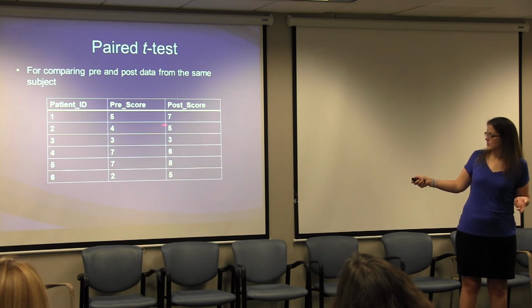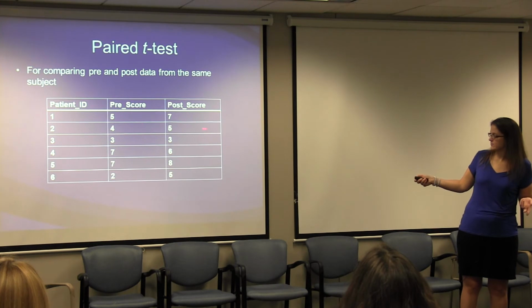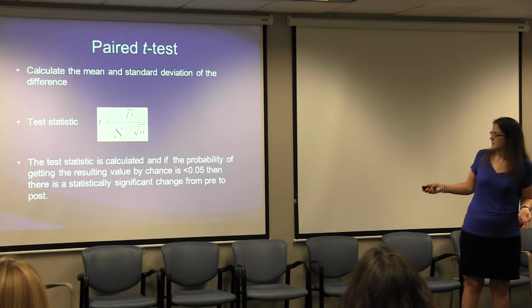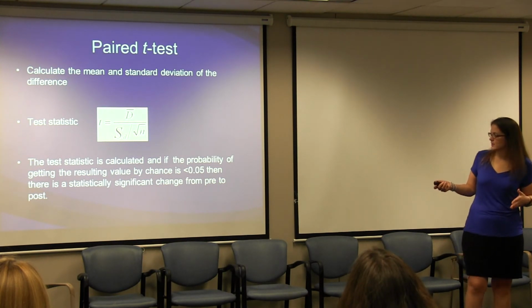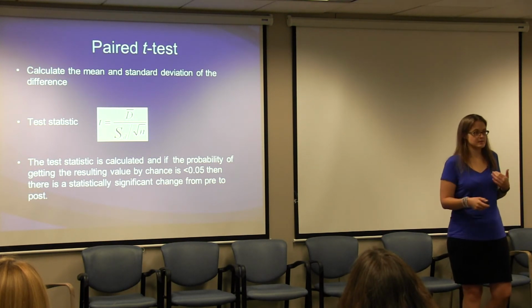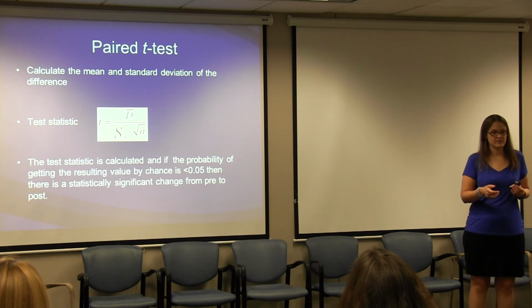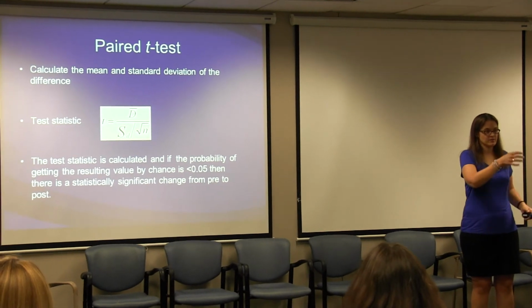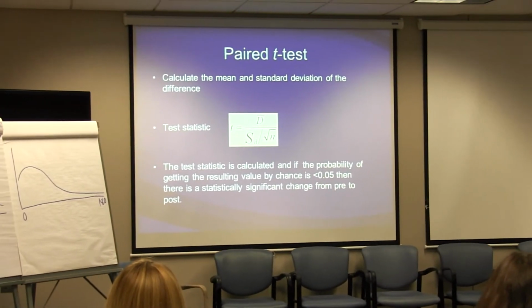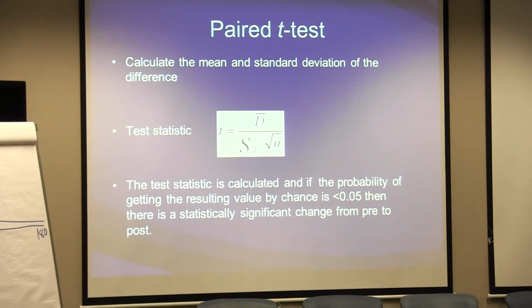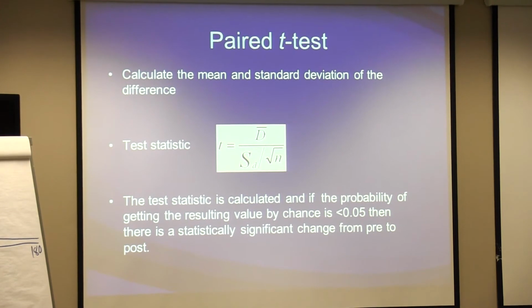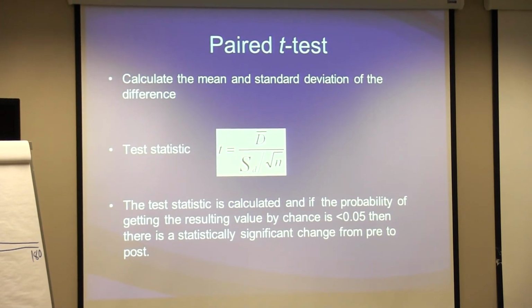And so you're comparing pre and post for each subject. Again, similar formula, similar process, and you determine if there is a significant difference from pre to post. Typically, whatever you did with them in the interim, you're hoping to see an effect of that.